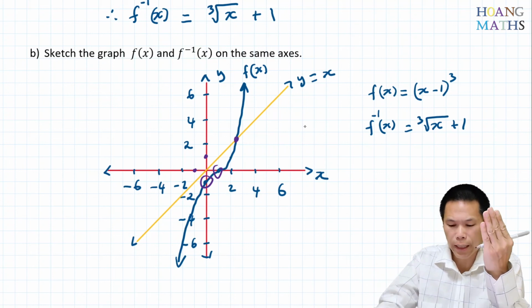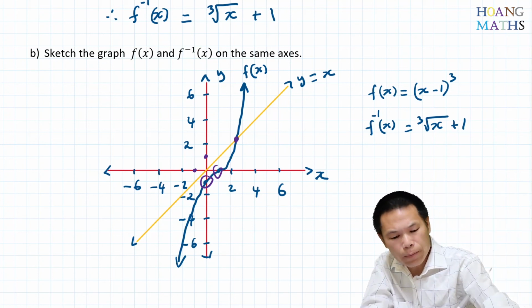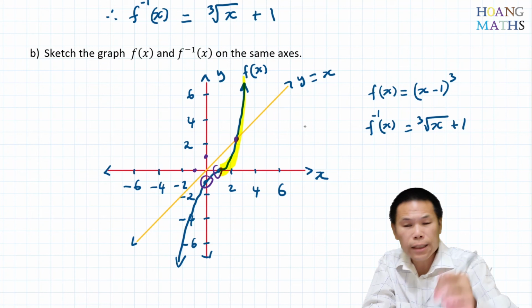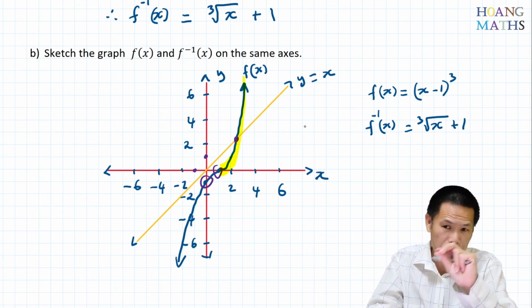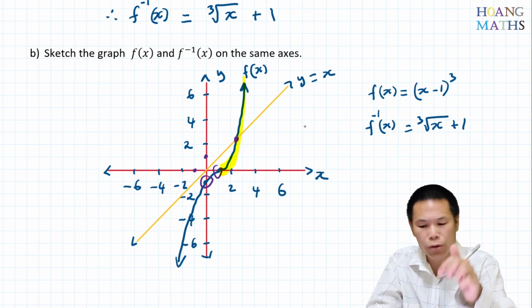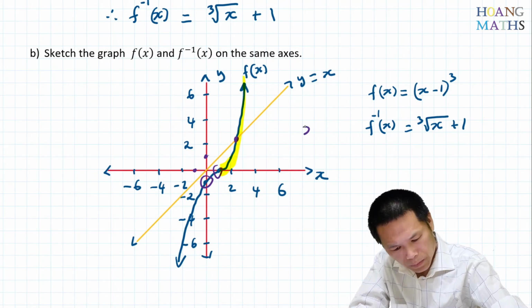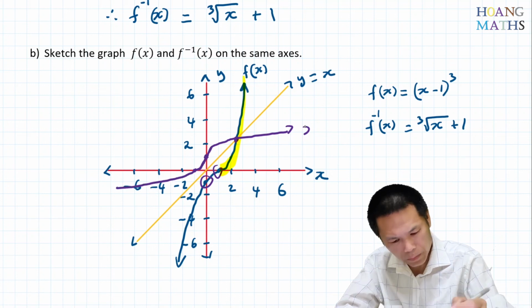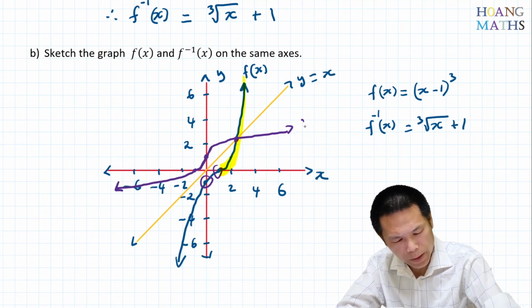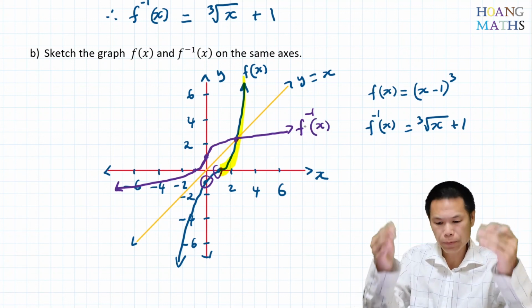Just remember that, okay? So now if you look at the function, it curves toward the y-axis. So now the inverse curves toward the x-axis. That's how you identify it, okay? So I can just quickly sketch this. So this is f inverse of x. So there you go.